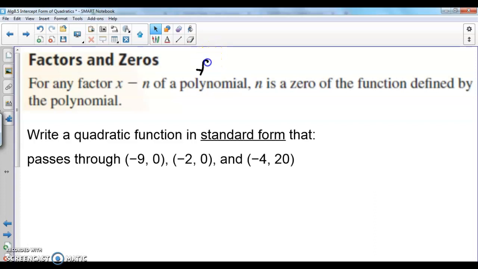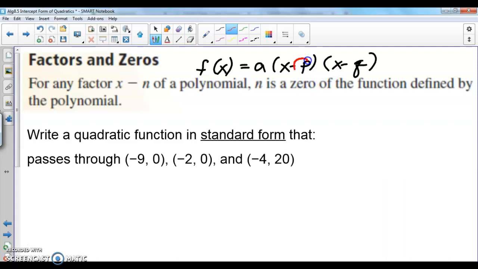Again, quadratics that are in intercept form are in the form a times x minus p times x minus q, where p and q are your x-intercepts. Now, other words used for x-intercepts are roots or solutions. There you go. So they mean the same thing.